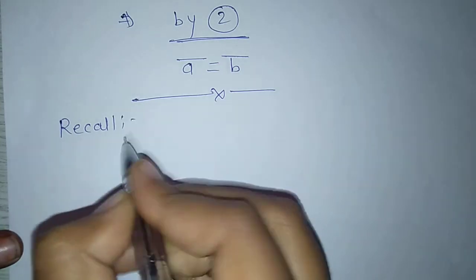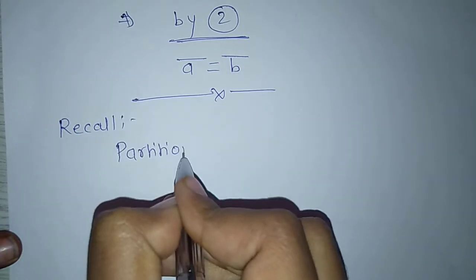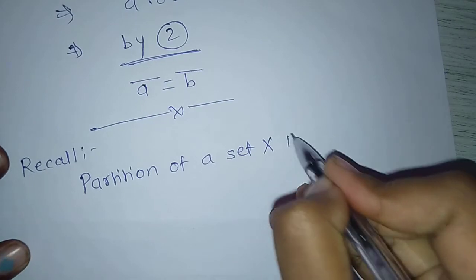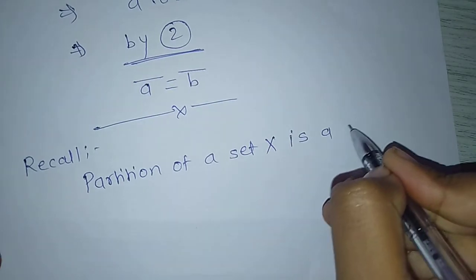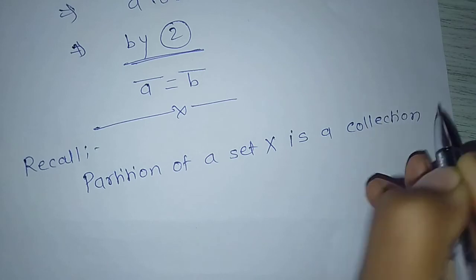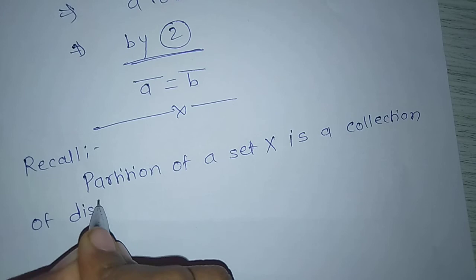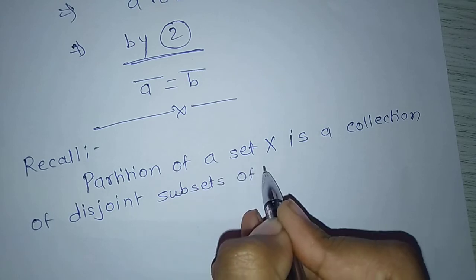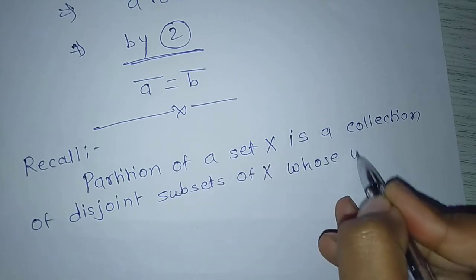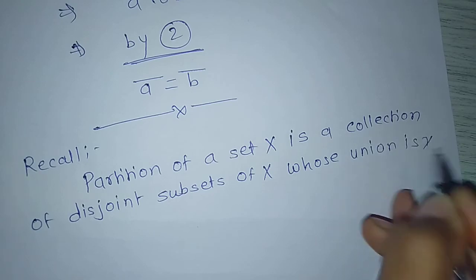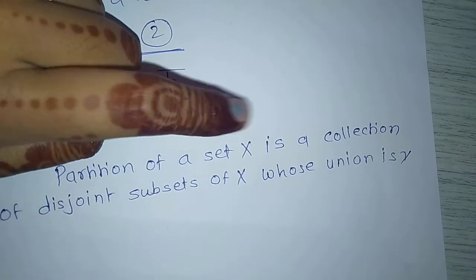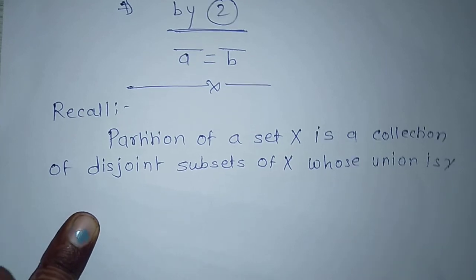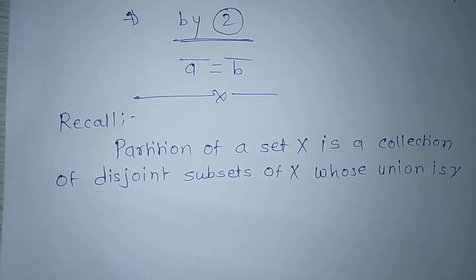Partition of a set X is a collection of disjoint subsets of X whose union is X.